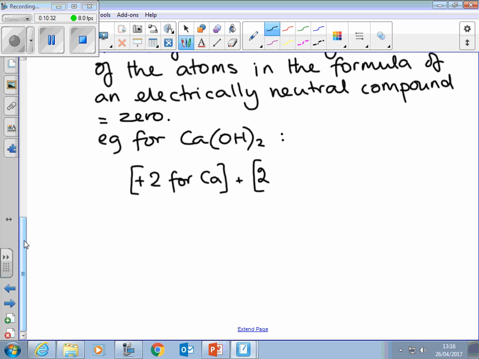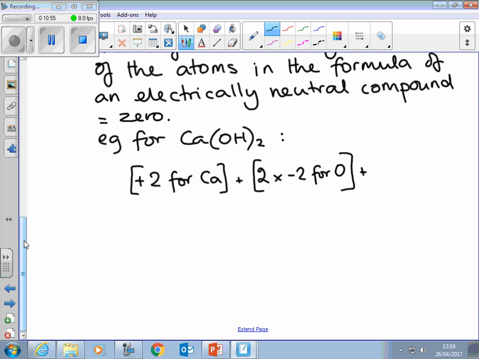So we've got 2 lots of, well, for oxygen in a compound, we can take the ion. That'll be the -2 that we had. So it's 2 lots of -2 for the oxygen.